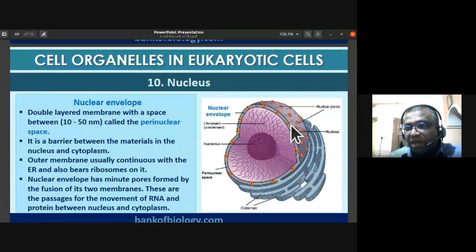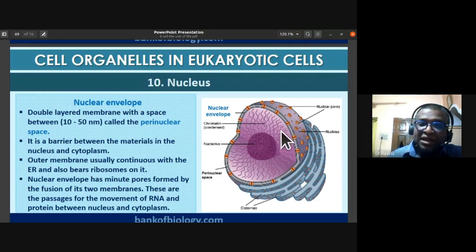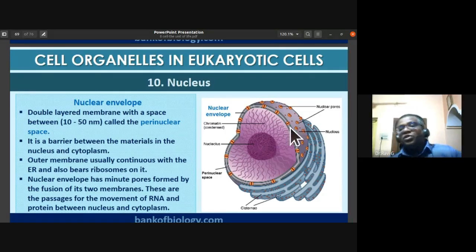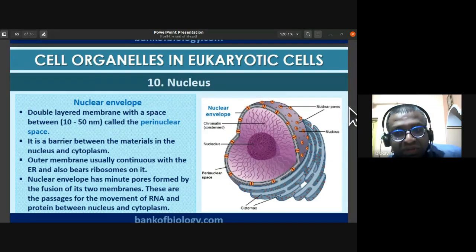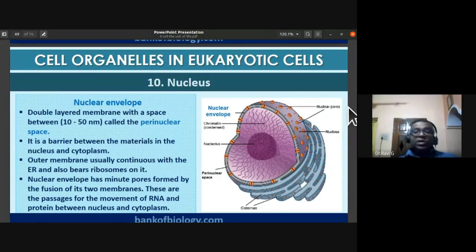These nuclear pores are the passages for the movement of RNA and protein between the nucleus and the cytoplasm.